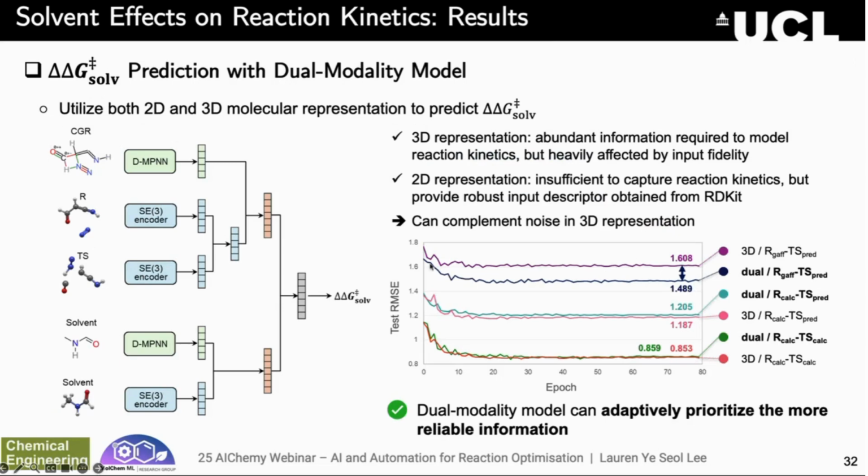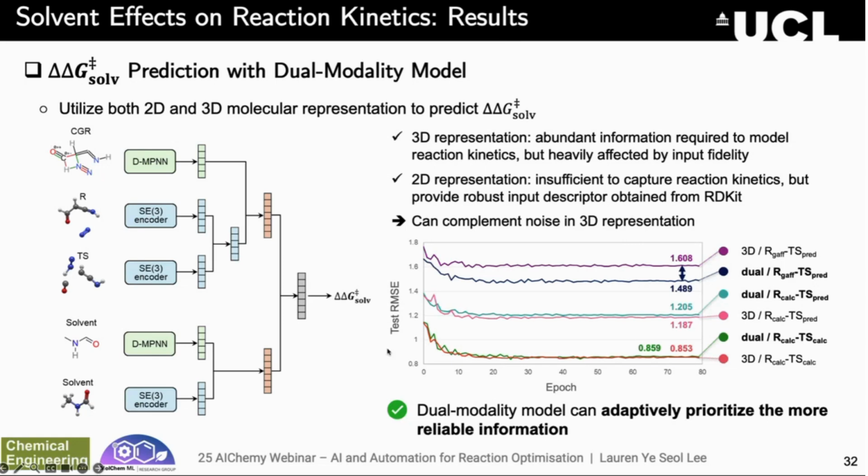Finally, we combined 2D and 3D representations in a dual modality model. The 3D encoder provides mechanistic, geometric information, but it can be sensitive to noise in the geometry. So we decided to combine it with the 2D representations, which are less expressive, but very stable and also fast to generate.